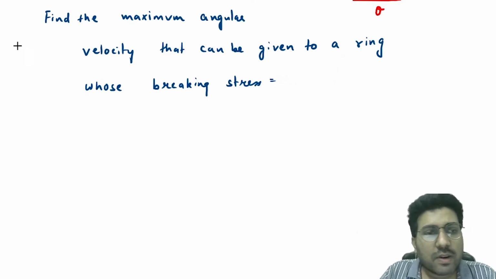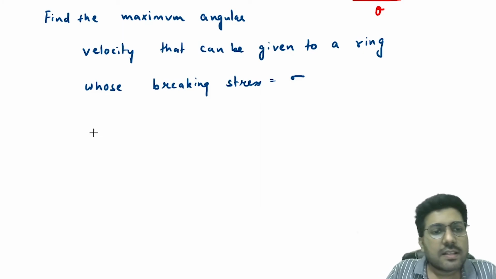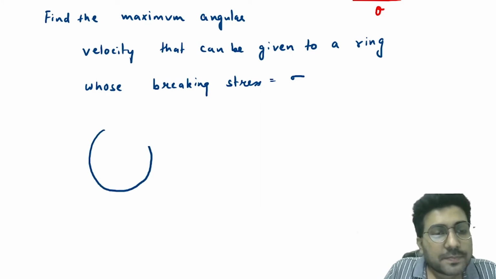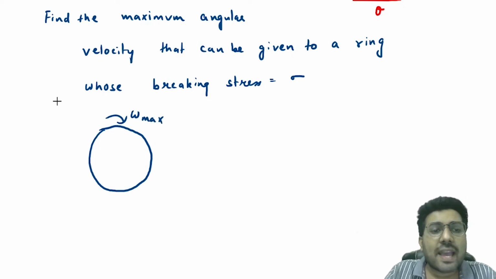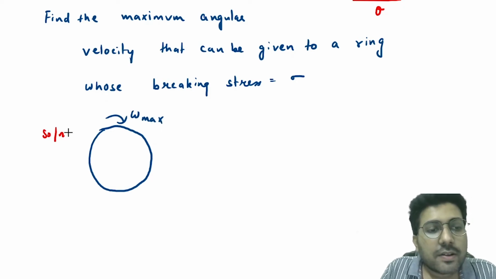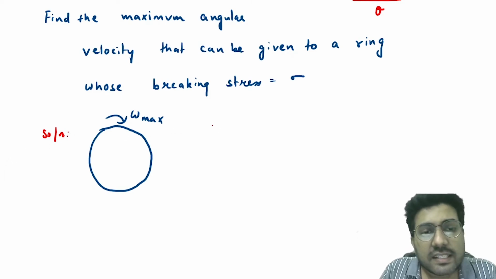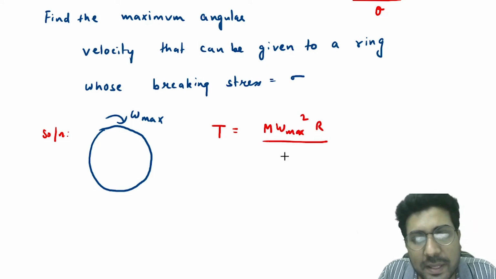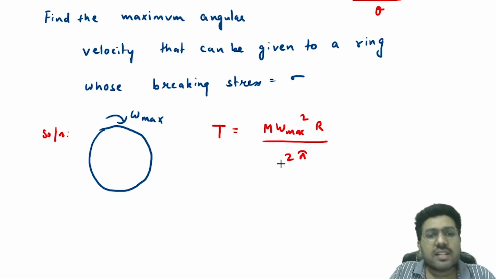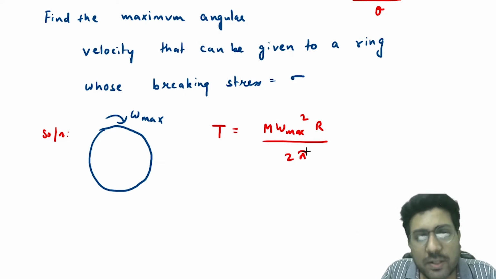Okay, so what we will do here is, suppose this ring is rotating with an angular velocity which is equal to omega max. In that case, you know that T is equal to m omega max square r divided by 2 pi, because we know that tension in the ring is m omega square r divided by 2 pi.